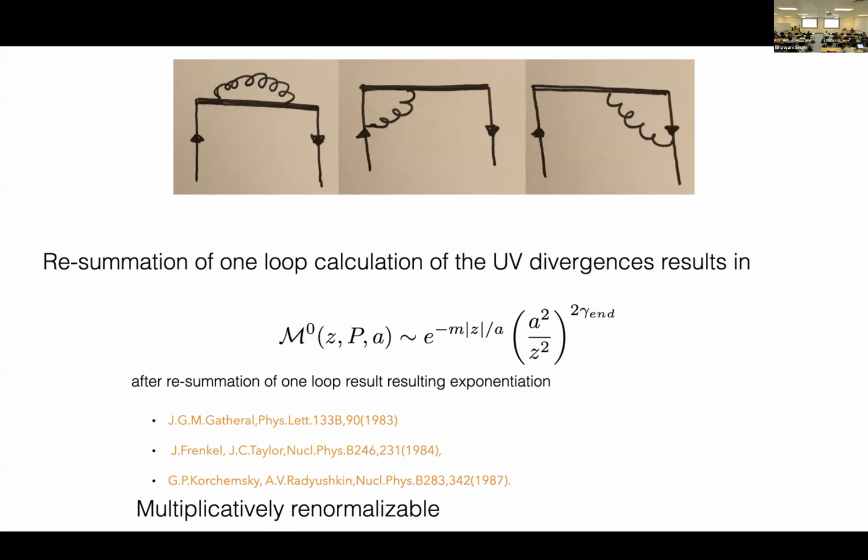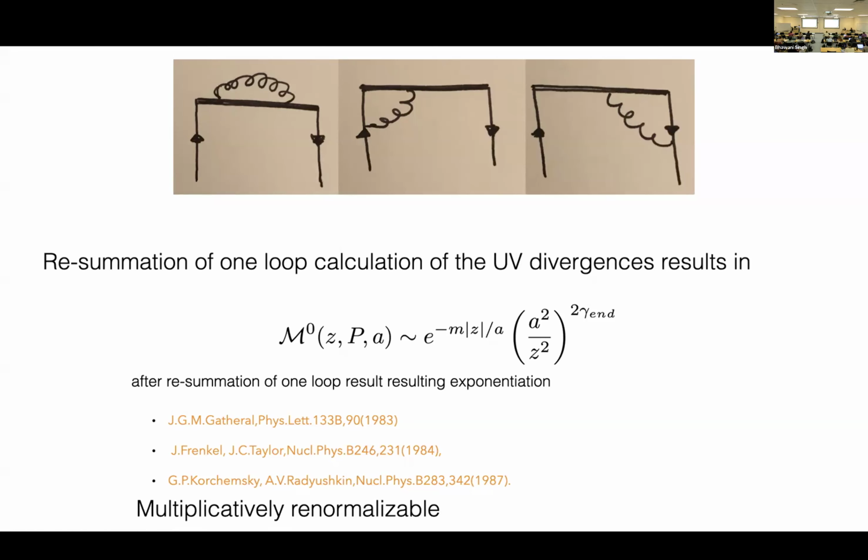So if I take the continuum limit, this exponential here with the factor of the lattice spacing in the denominator at some physical distance z will wipe out my matrix element. So if I do not remove this term that appears from calculating these diagrams from my lattice matrix elements, I cannot take the continuum limit.